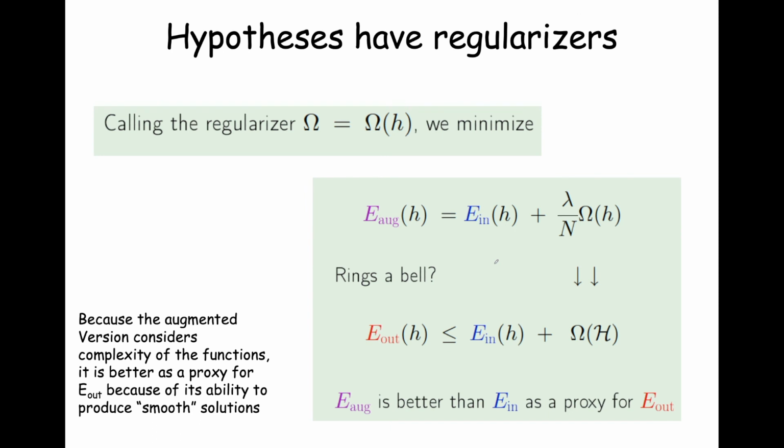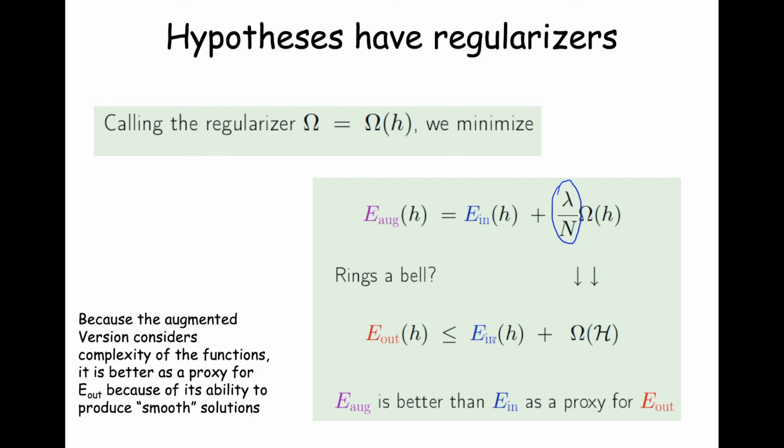Okay, so hypotheses can have regularizers, and let's call this regularizer omega, and omega is going to be specific to a particular type of hypothesis, and we pose this augmented error, E_aug, which is just your in-sample error plus this penalty term, and we added this scalar to it, lambda over N, where lambda is a regularization parameter. And so this looks a little bit like something we've seen before.